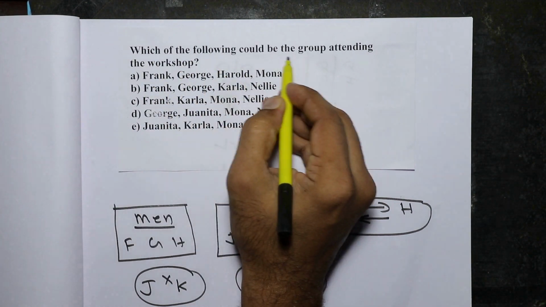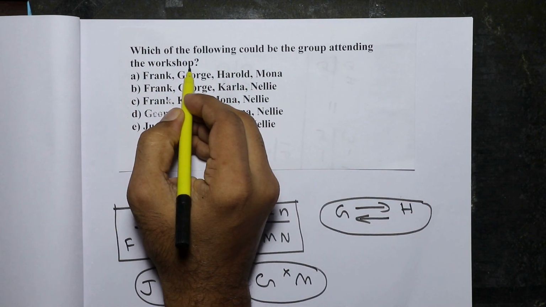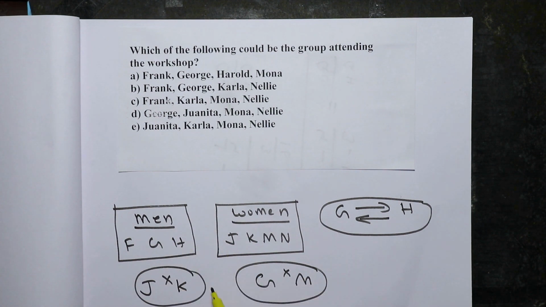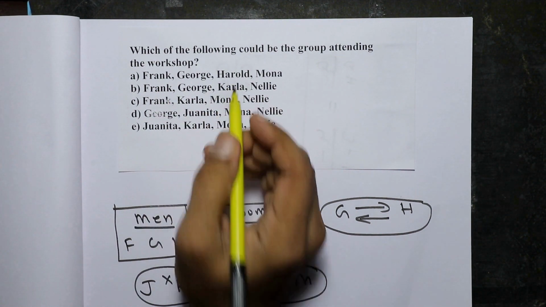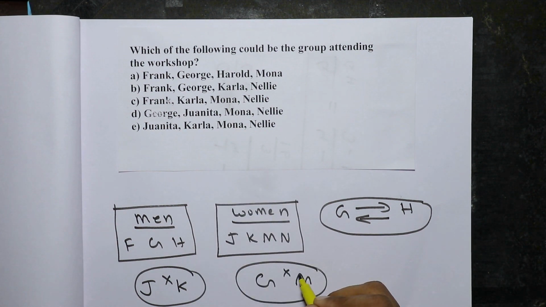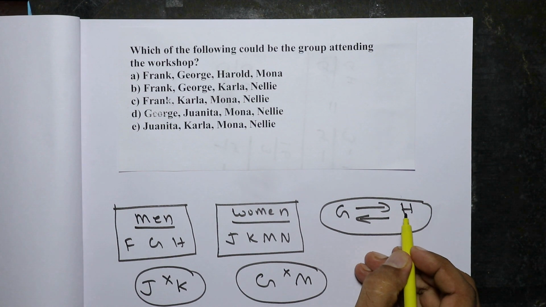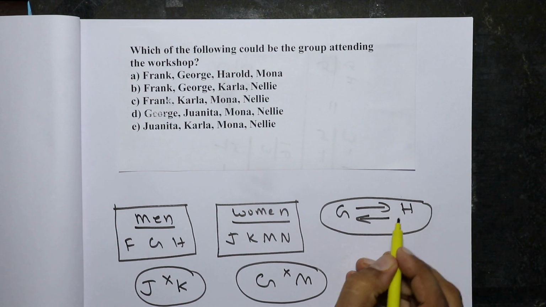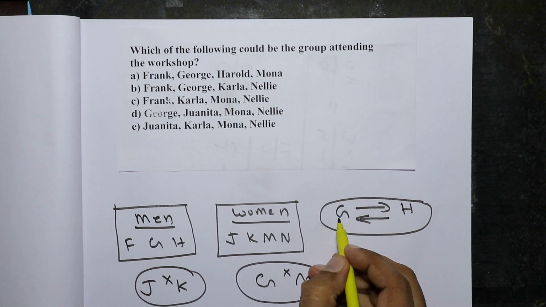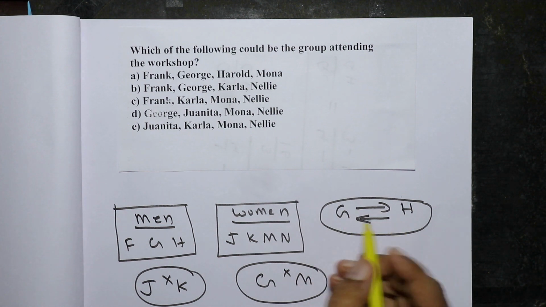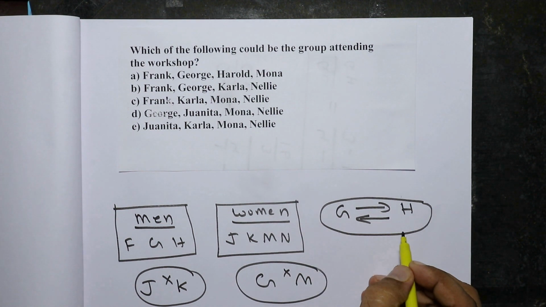Which of the following could be the group attending the workshop? All these conditions are to be satisfied, so we'll eliminate all the options which do not satisfy these conditions. The first condition is that if G is there, then H should also be there. Similarly, if H is there, then G should also be there. It is possible that neither G nor H has been selected.